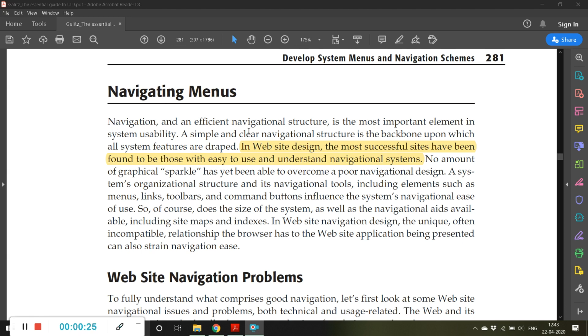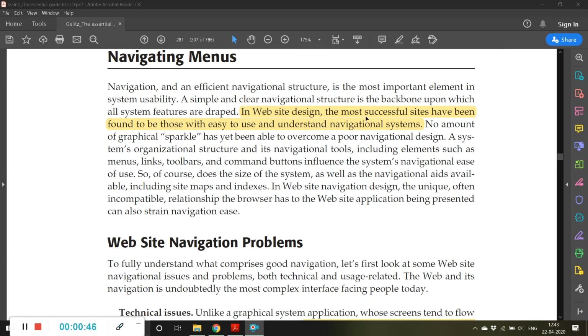If the users do not understand the navigation concept, if they are unable to understand where exactly they go when they click this, or where they will go back, it becomes a very difficult task for the user to understand. In website design, the most successful sites have been found to be those with easy to use and understand navigational systems.